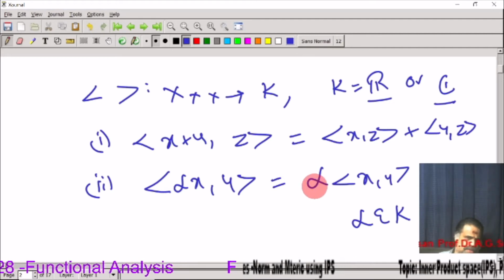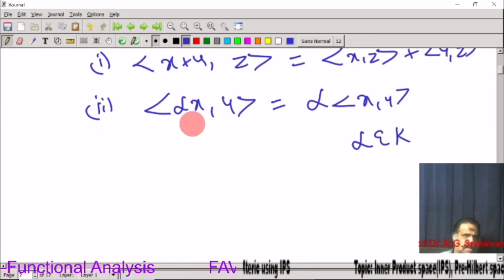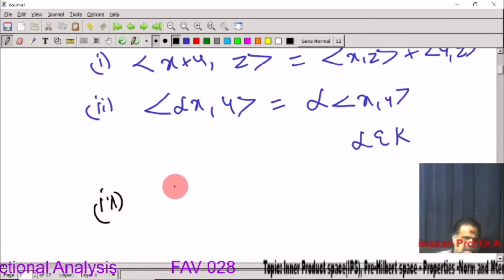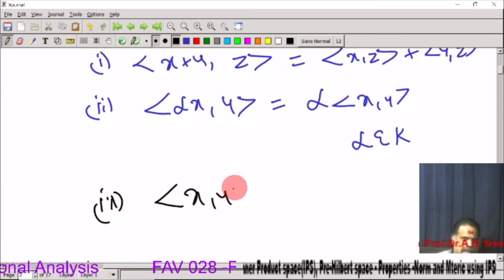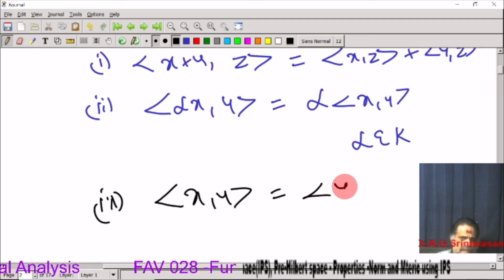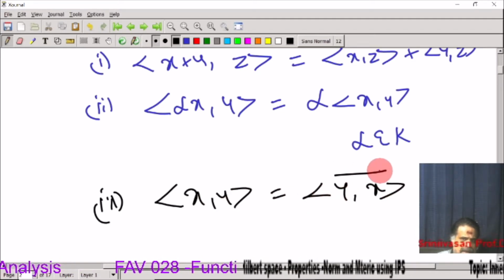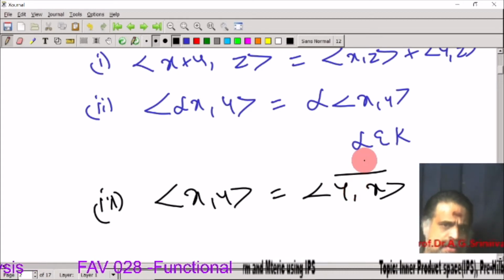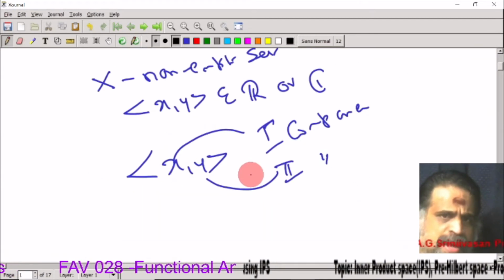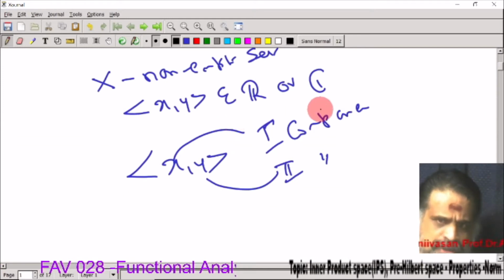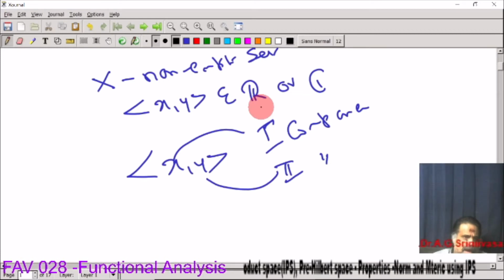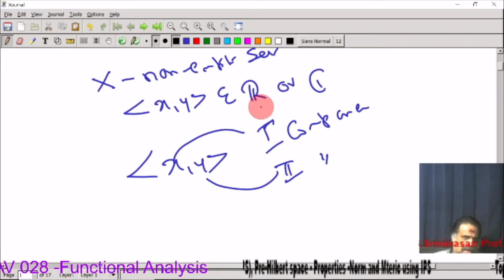The third important condition of inner product is that inner product xy must be the same as the conjugate of inner product yx, where bar represents the conjugate. However, we already said the inner product is a real number or a complex number. If the inner product is a real number, then there is no conjugate, and xy is the same as yx.